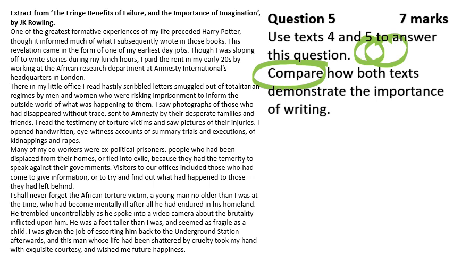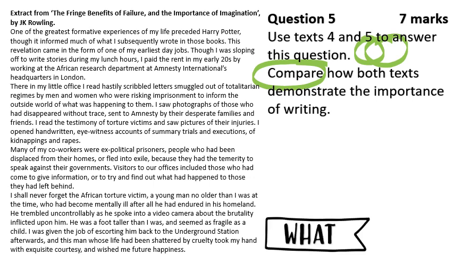So what I'm asking you to write about is how this text here, the extract from J.K. Rowling's speech, The Fringe Benefits of Failure, I want you to compare this text to text 4 that we just looked at. So I want you to think about how they demonstrate the importance of writing. So both of these texts are using writing as a means to convey their personal experiences and their message.